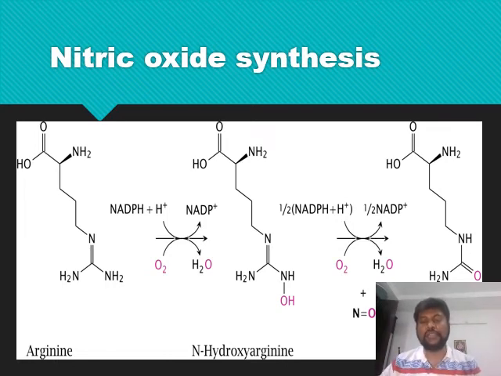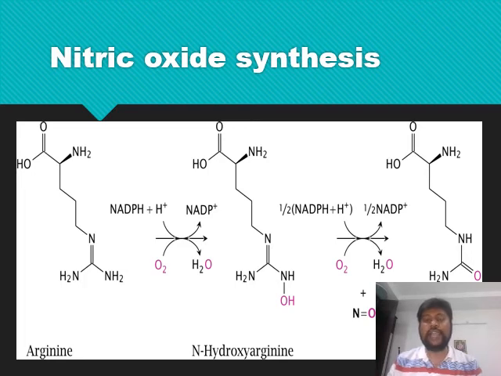To summarize, from the HMP shunt pathway we are getting two important byproducts: pentose phosphates and NADPH. The pentose phosphates produced will be utilized for purine and pyrimidine synthesis, which in turn will be utilized for DNA synthesis, RNA synthesis, ATP, GTP, various coenzymes and second messenger synthesis. Coming to the NADPH, it can be used as a reducing equivalent for reductive biosynthetic reactions.